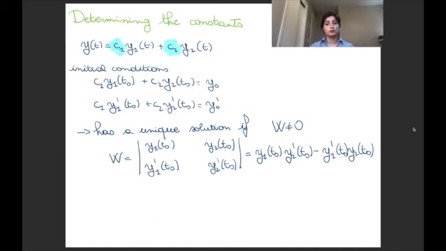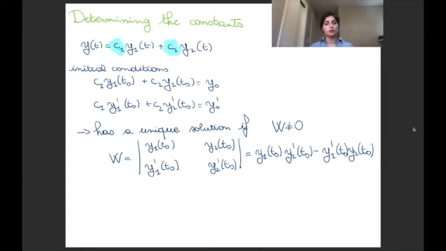So we will introduce this W, that is the determinant of y1 computed at t0 and y2 computed at t0 on the first line, and the derivatives on the second line, so y1 prime computed at t0 and y2 prime computed at t0. The determinant of a two-dimensional matrix is the product on the first diagonal minus the product on the other diagonal.